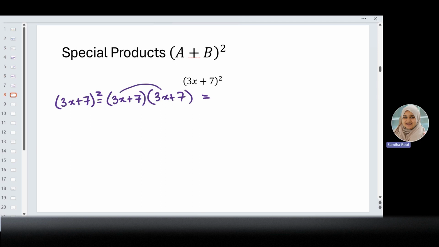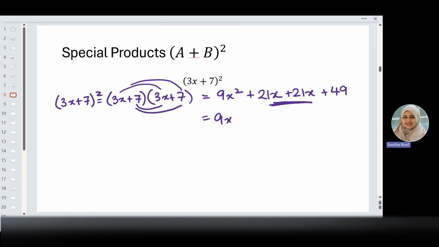Okay, so I'll do 3x times 3x to get 9x squared, 3x times 7 to get 21x. Then I do 7 times 3x, 21x, 7 times 7, 49. And then I add these. I get 9x squared plus 42x plus 49.